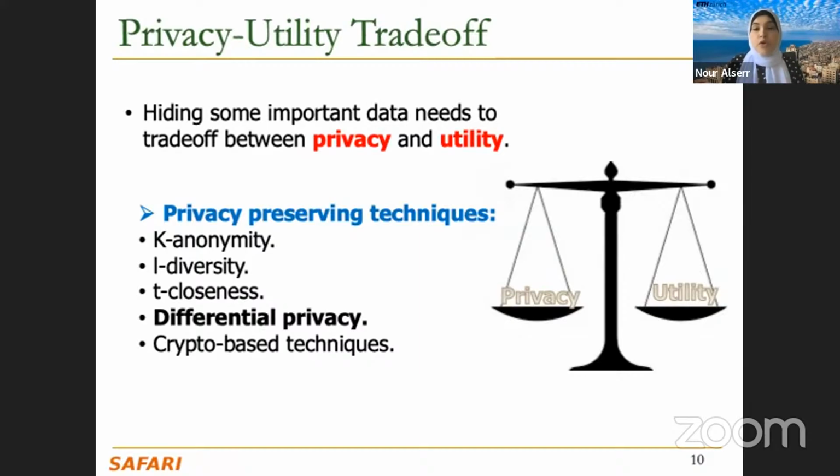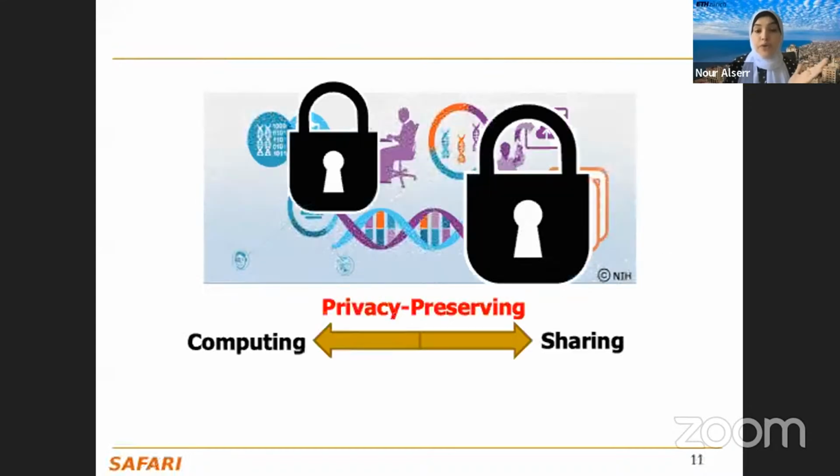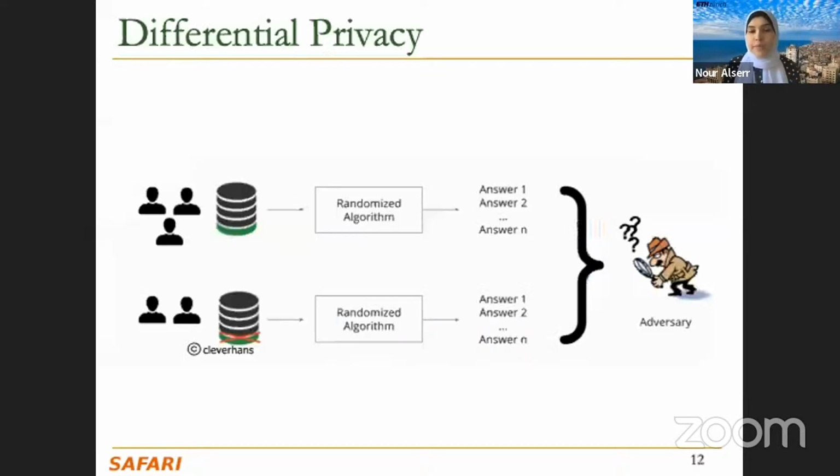Okay, so in general, if we are talking about genomic data privacy, we need to consider both the computing and also the sharing. What we consider in this lecture is the sharing of genomic data. So let's go again to differential privacy. Simply, what's differential privacy? Imagine that we have an adversary.